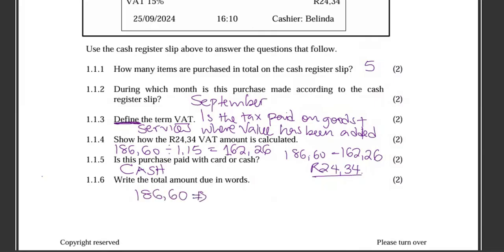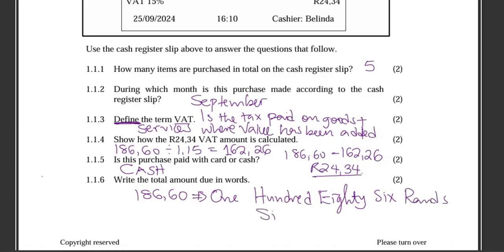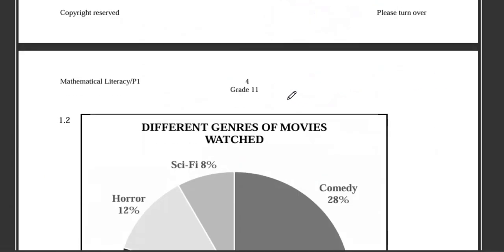What are you going to say? One hundred and eighty-six rands, sixty cents. 186 rands, 60 cents.